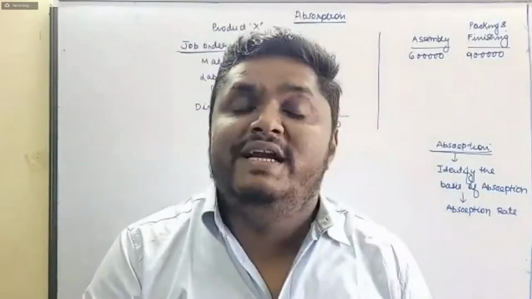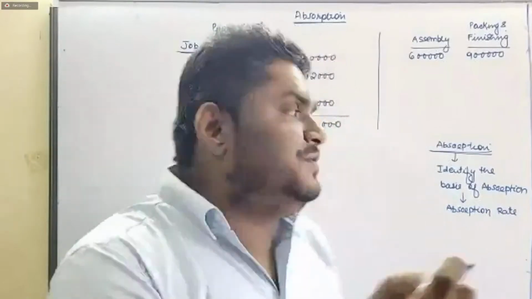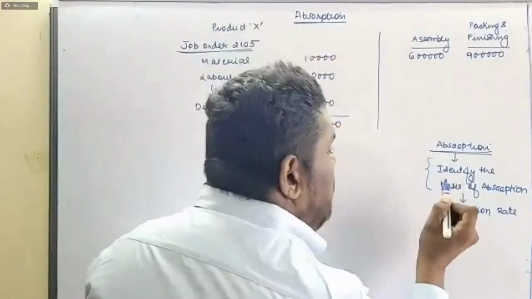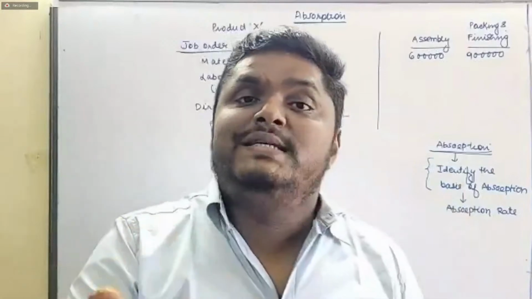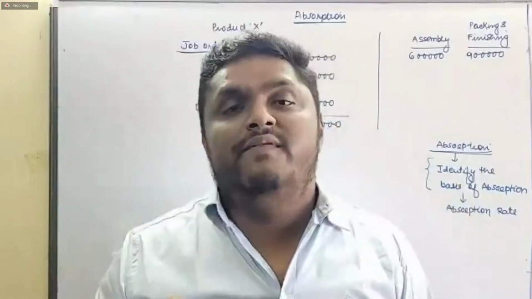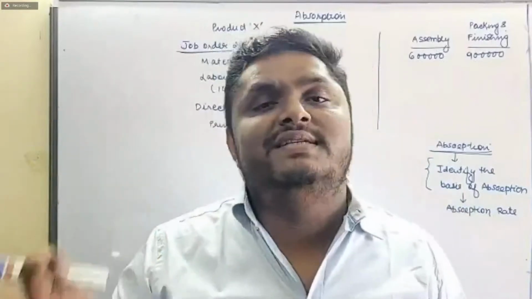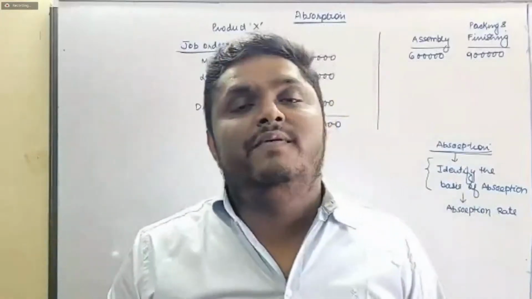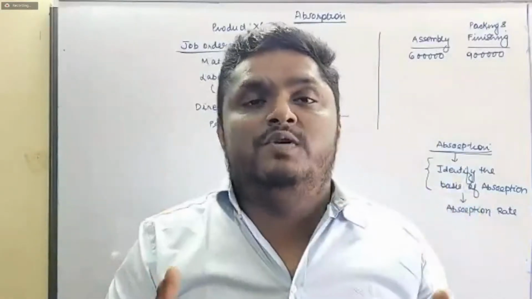First we have to identify what is the basis of absorption. Now, this information will always be given in the question. In 99% of cases this information is given in the question.